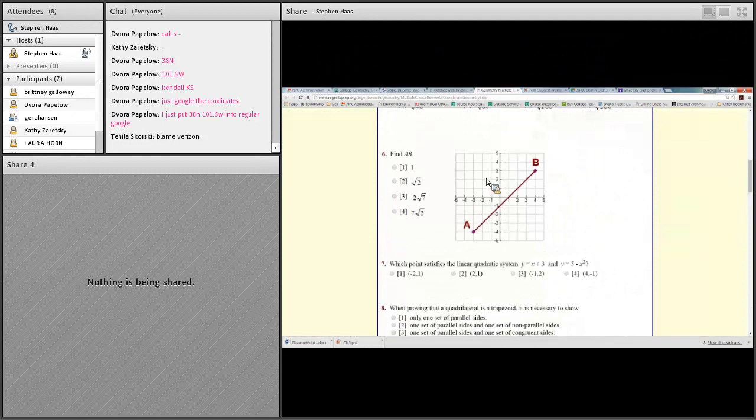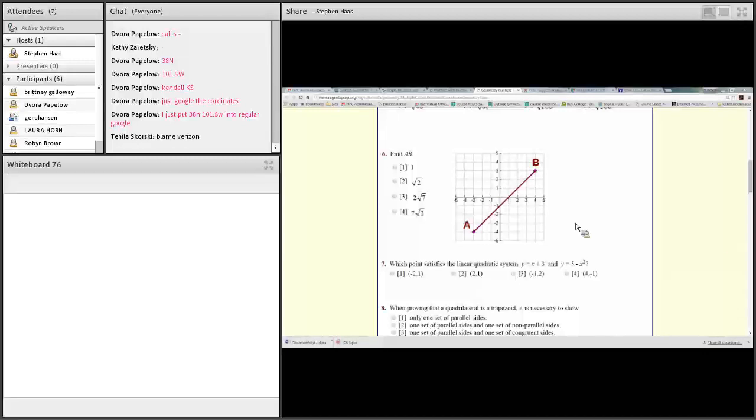All right. We have time for a couple of these. Let's see what the best ones are here. Okay, find AB. Who can help me find AB? Well, let's see here. What is point A?